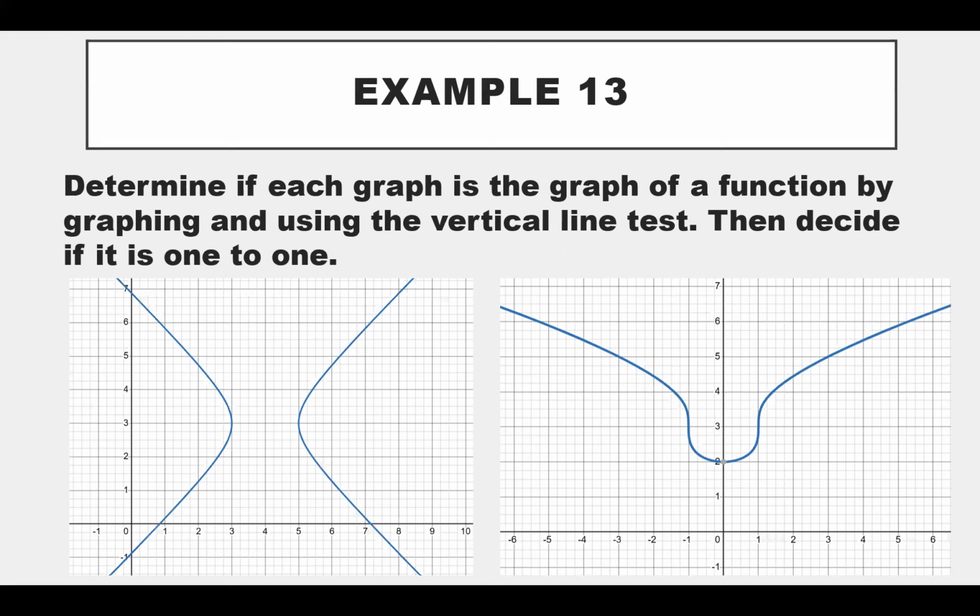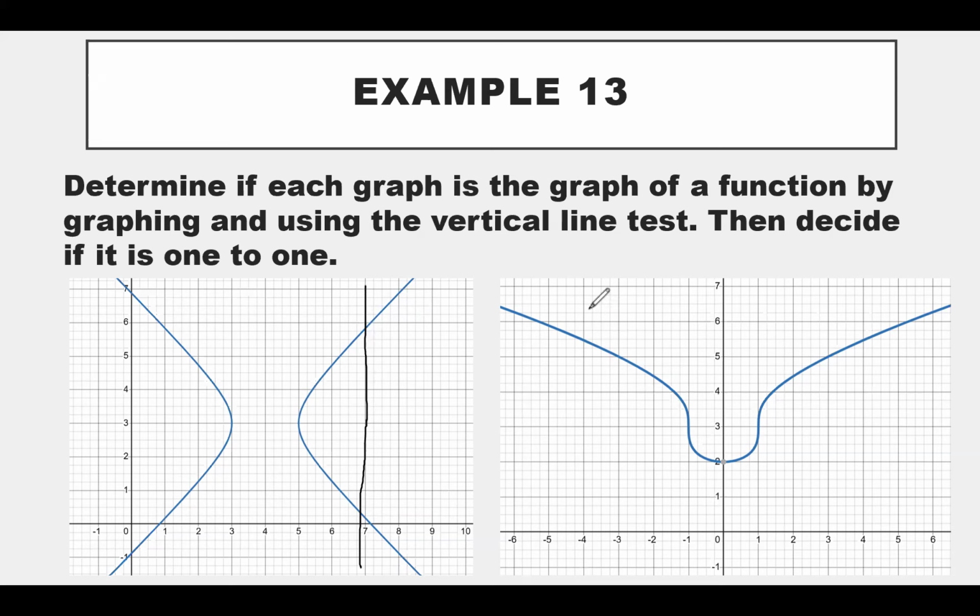And then let's decide if it's one-to-one. So we have two pictures here. The one on the left is not a function because you could draw a vertical line, I'll just draw it on here at a lot of different places, and go through 2 points.